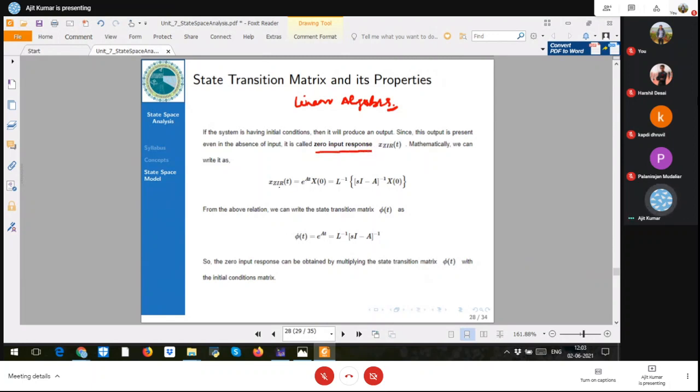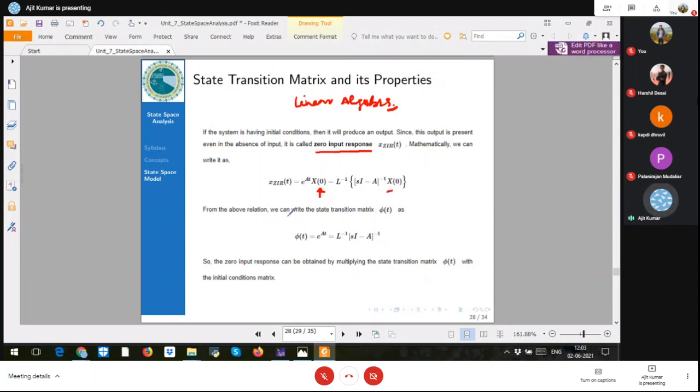Mathematically we can write the zero input response as e to the power At times x0, which represents your initial condition. If we take the Laplace, it becomes the inverse Laplace of (sI minus A) inverse x0, which is equivalent to it.